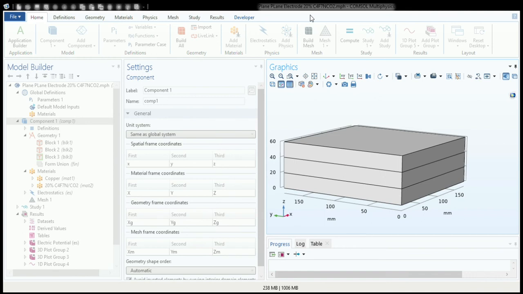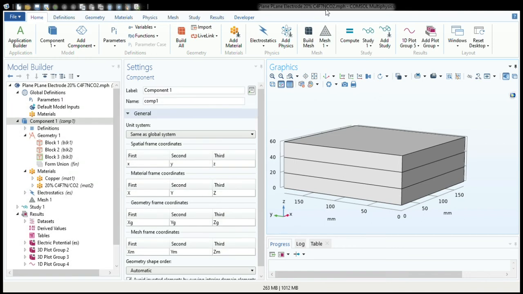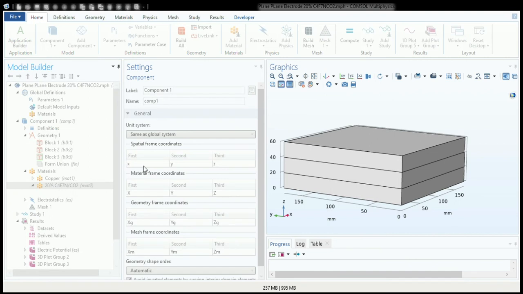For the last part, I use a 20% C4F7 and CO2 gas mixture to be tested in the gas volume. So I insert all the properties of this gas mixture into the material properties part so that we can test the gas here and plot all the graphs needed.